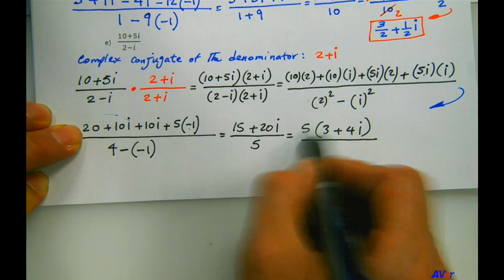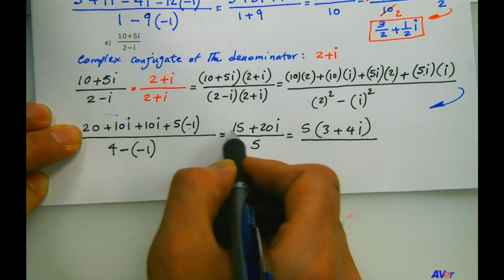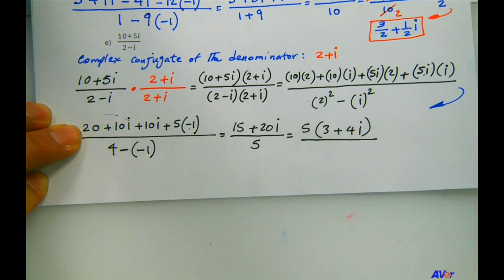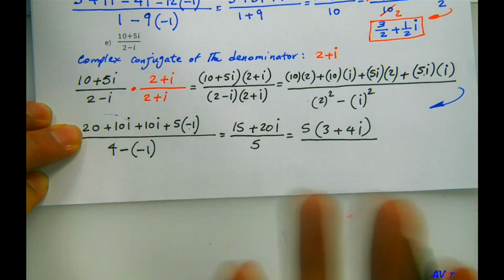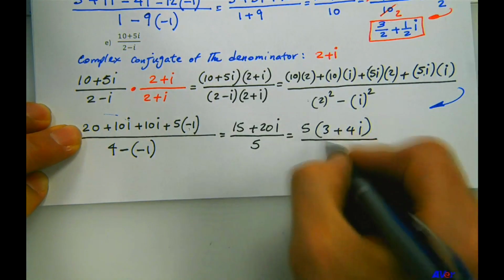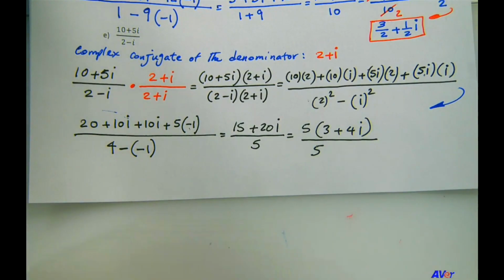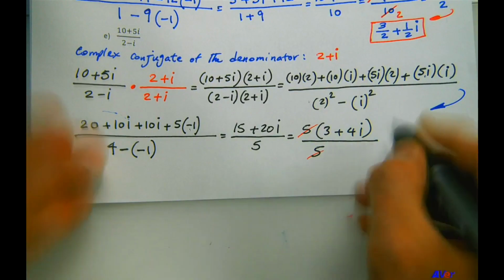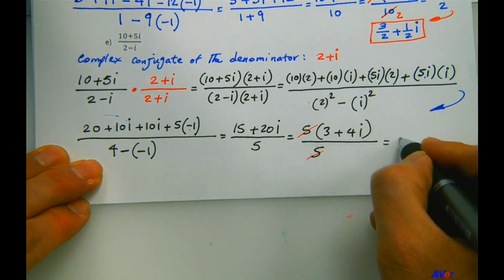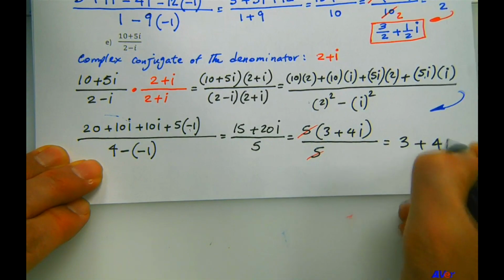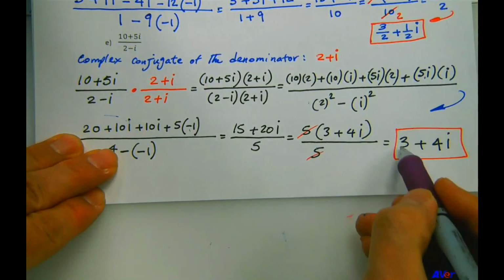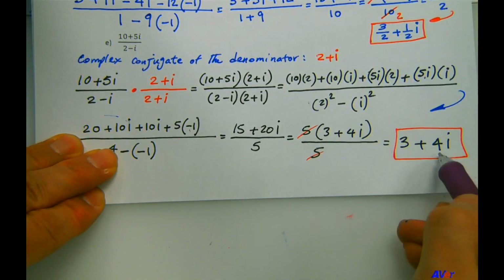So if you redistribute the 5 into this parentheses, you should get 15 plus 4i plus 20i. So that's how quickly you can check your own work when you're factoring these expressions. That over 5, and of course the 5 and the 5 cancel out, and we end up with just 3 plus 4i. And we don't have to do anything more because the real part is 3. The imaginary part is 4. Okay?